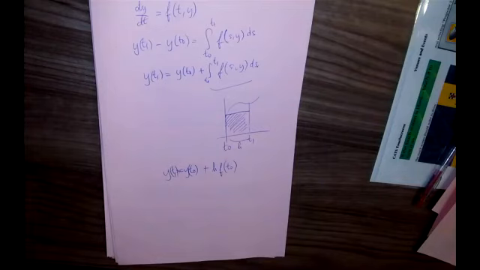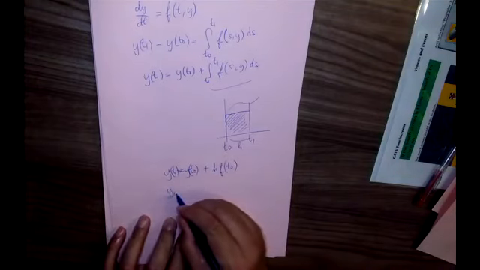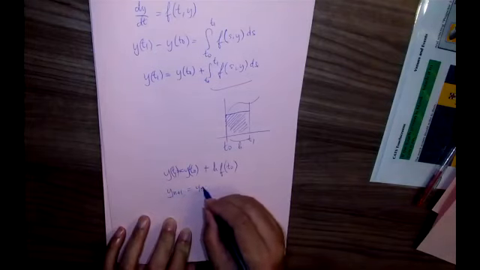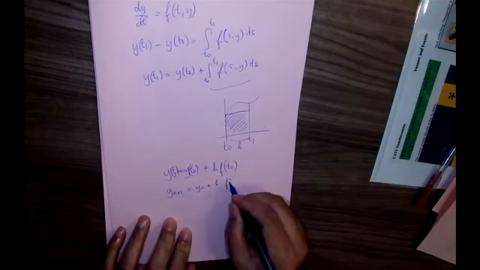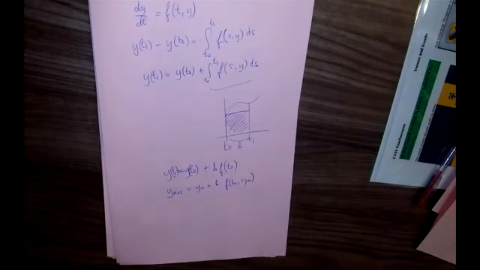And if you have y1, you can define y2 and so on. So in the end you have the same formula. Okay? And this is the Euler method.